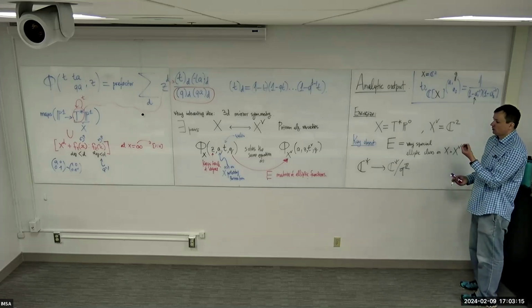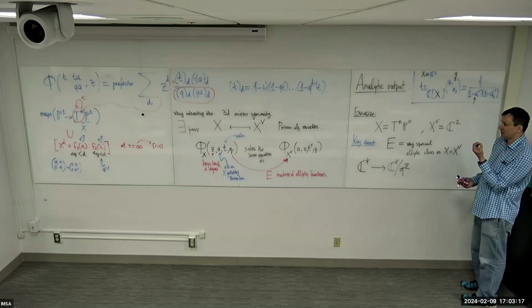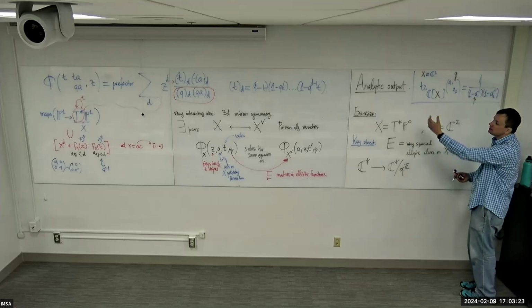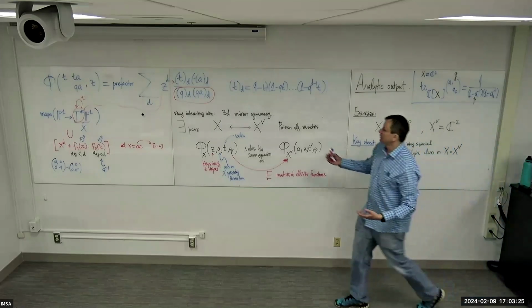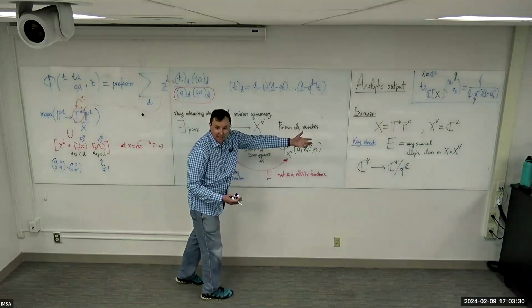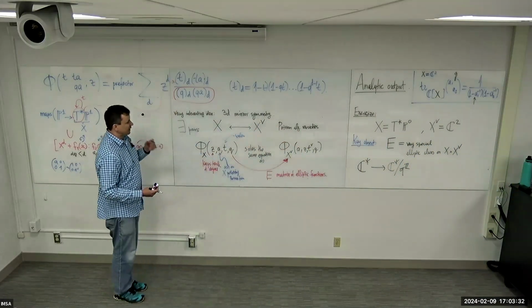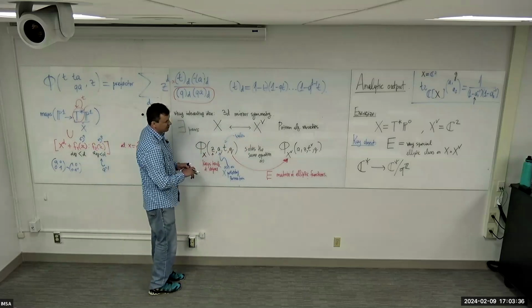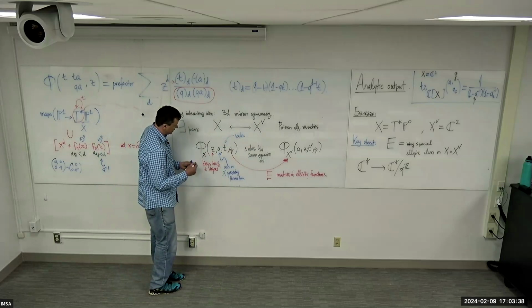One, you think of this as being some kind of non-abelian generalization of the Fourier transform. That's like the analog of that Fourier transform there. And second, the variable z.